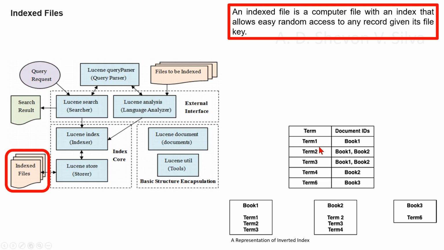To create an index file, fields within a document are first split and tokenized. A sorted list of all the unique terms is created, and the documents that contain the corresponding terms are populated.